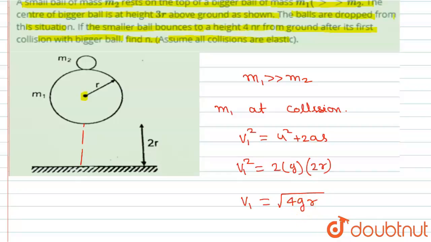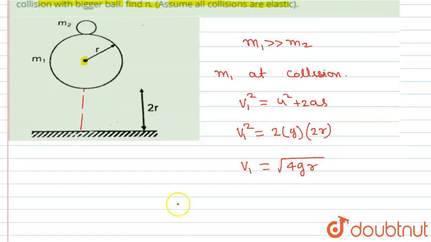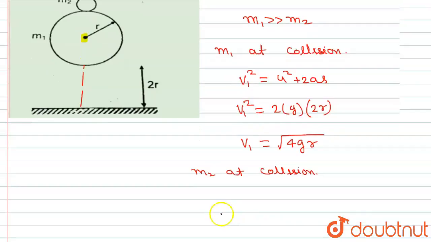Now the velocity of m2 we can find. So m2 at collision, this is equal to v2.